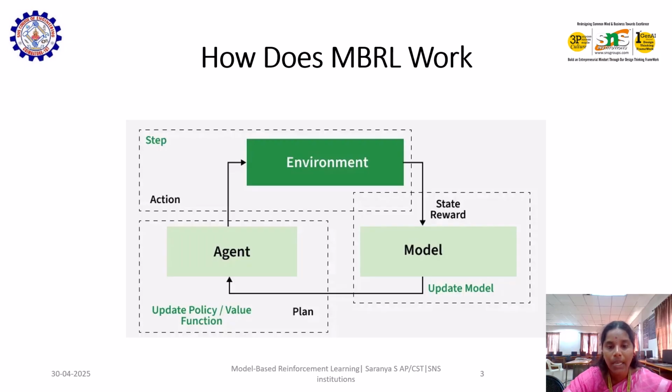Then model-based planning simulates future interactions without needing to interact with the real environment. Then policy optimization deploys the plan back into the real environment, using the planning method's result.